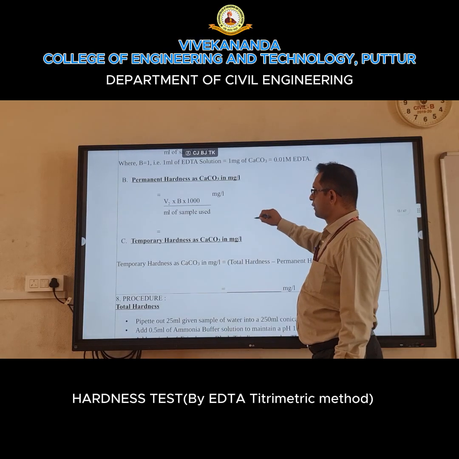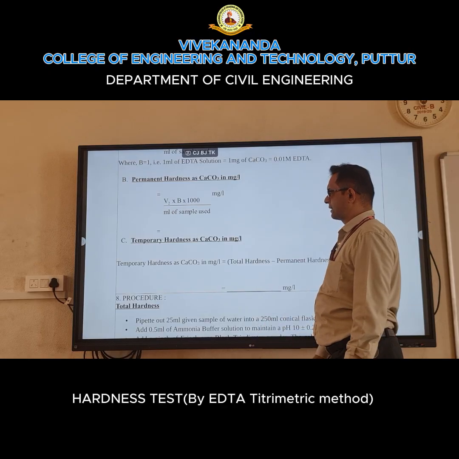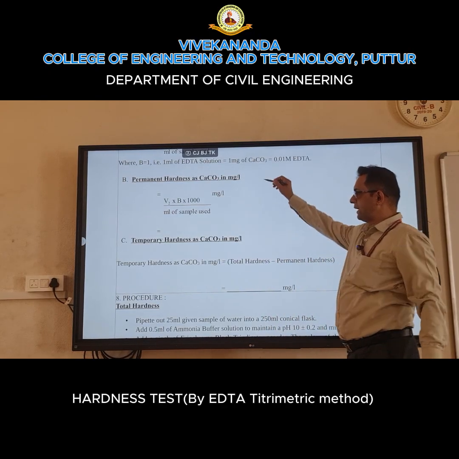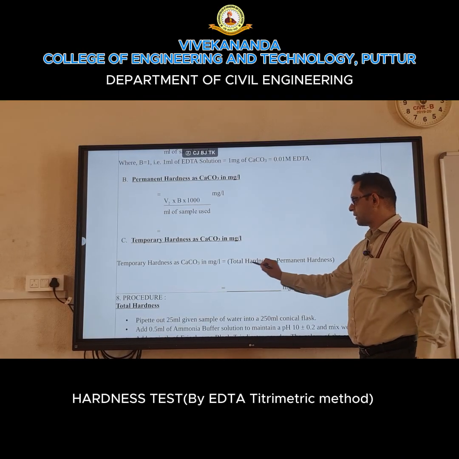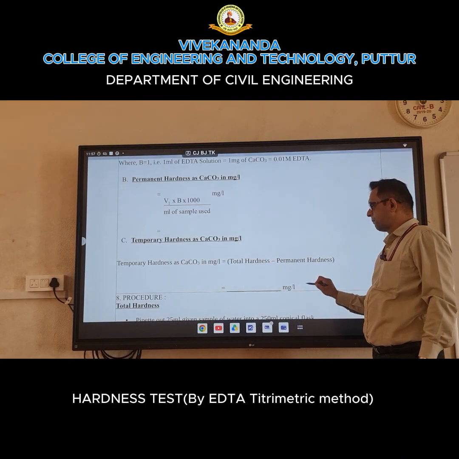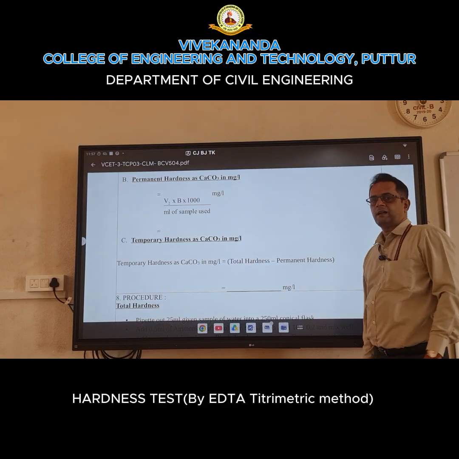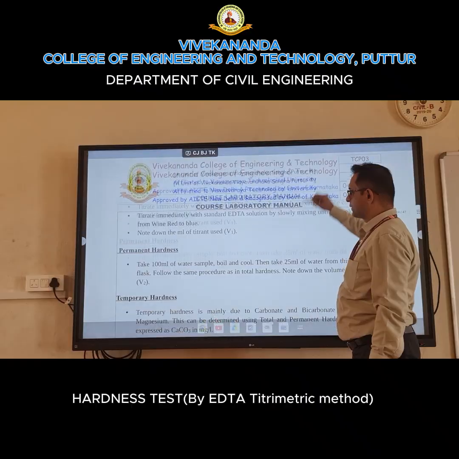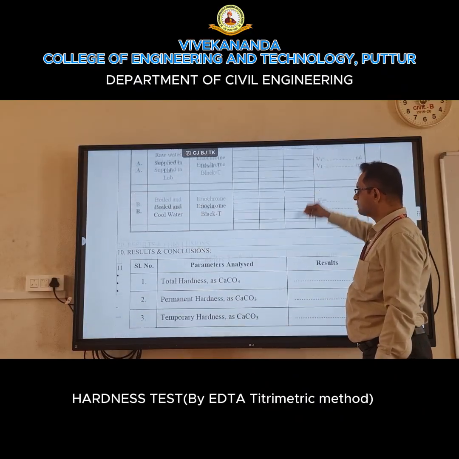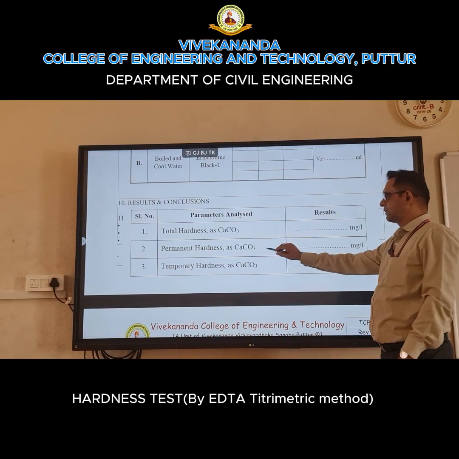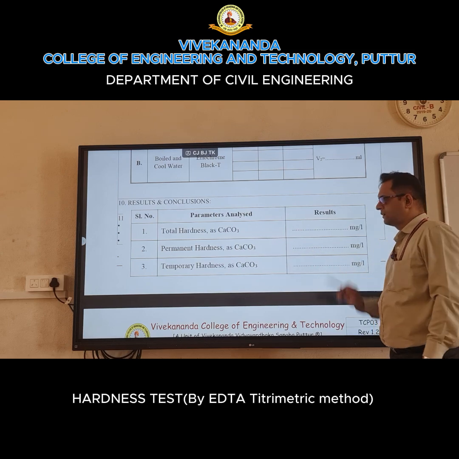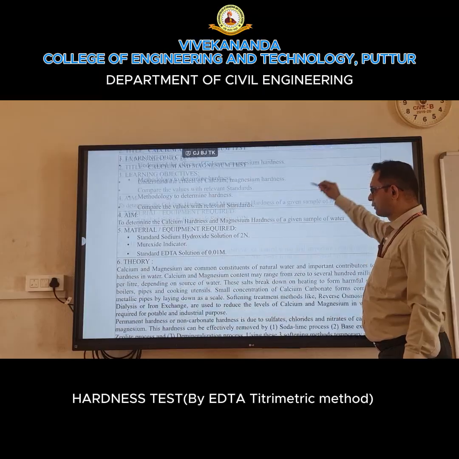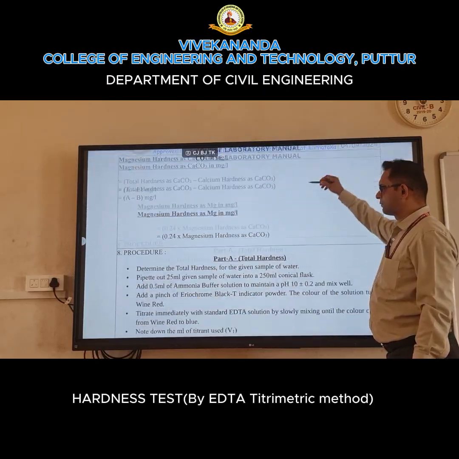Next, how to find out the temporary hardness? I have the total hardness and permanent hardness. Temporary hardness is equal to total hardness minus permanent hardness. Directly I will get the value. So next I will write it down in the result sheet: total hardness, permanent hardness and temporary hardness.